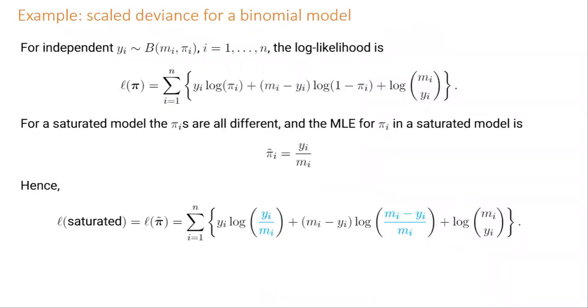All right, second example for a binomial where the yi's come from some kind of binomial distribution. Okay, the log likelihood should be straightforward.